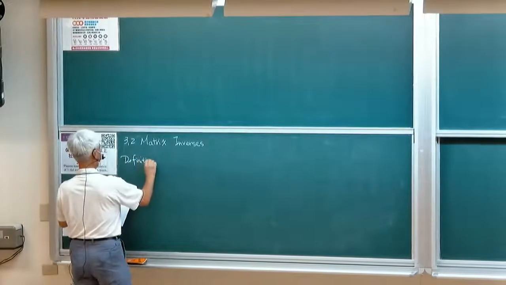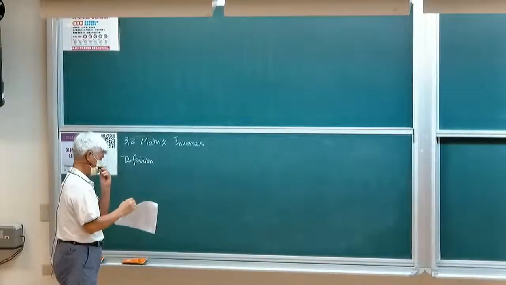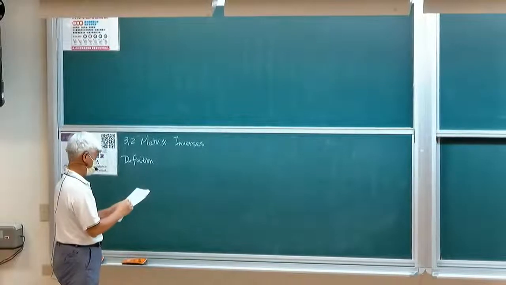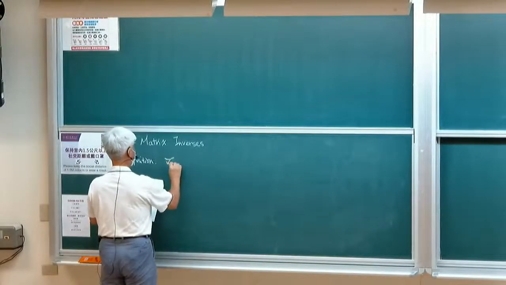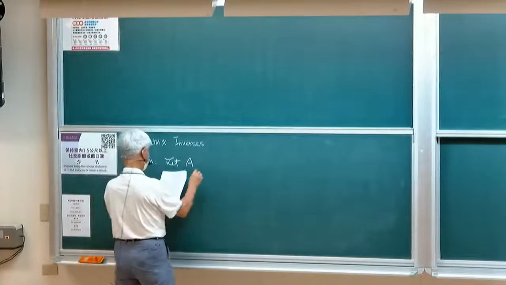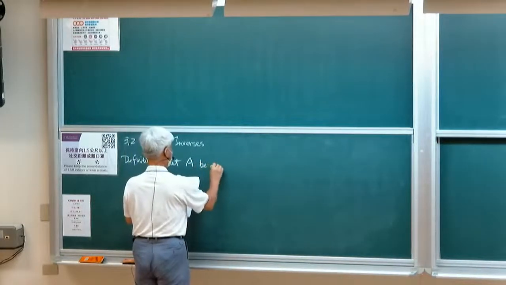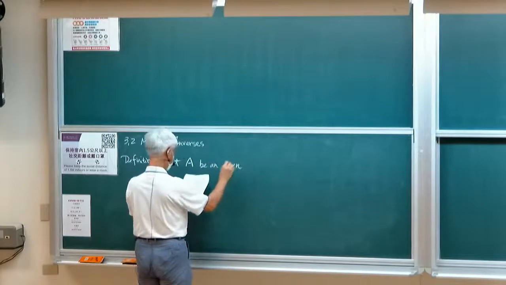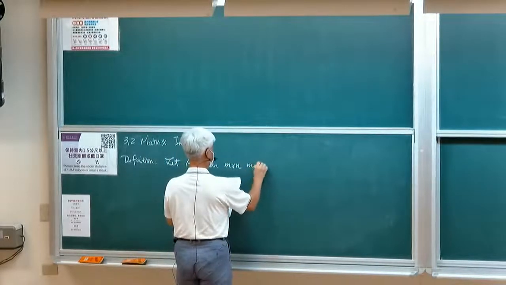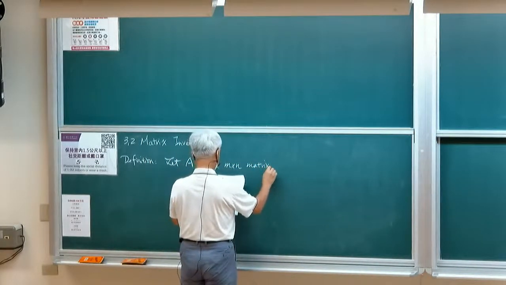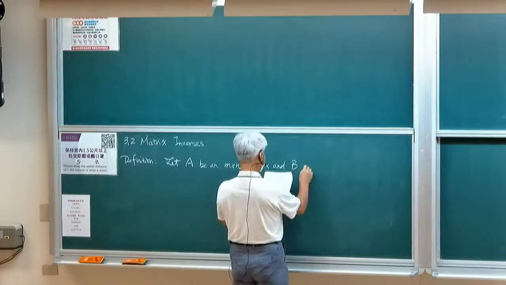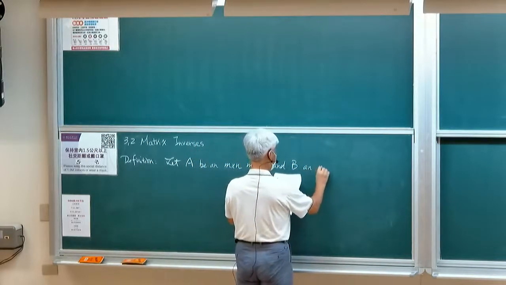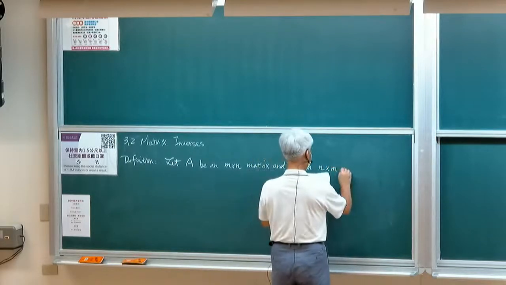So first of all, we consider general rectangular matrices. So we let A be an M times N matrix, and B, sorry, an N times M matrix.